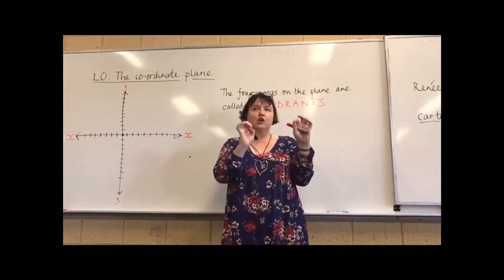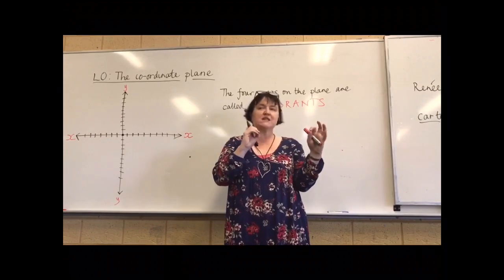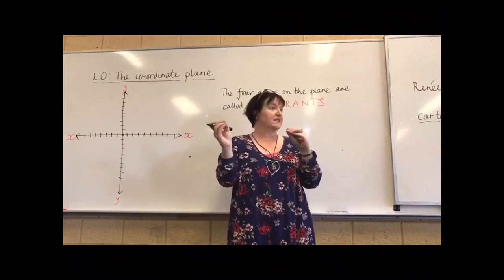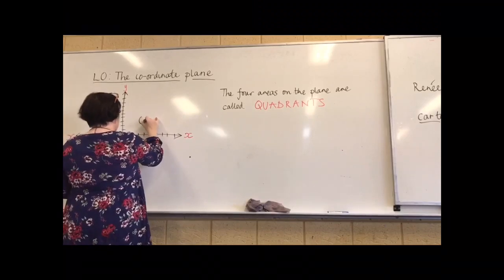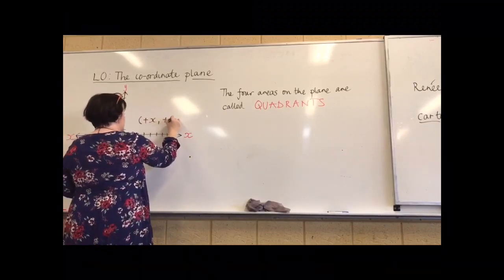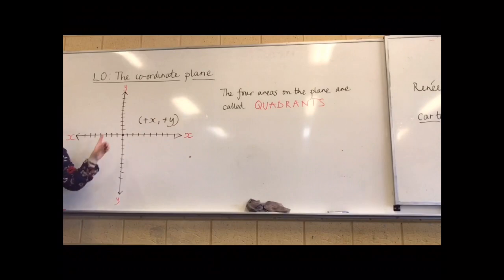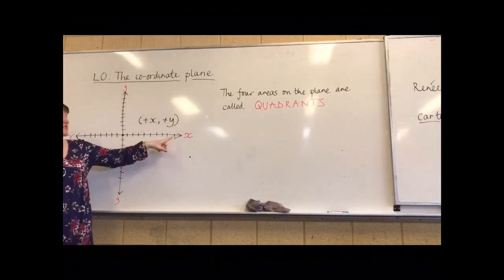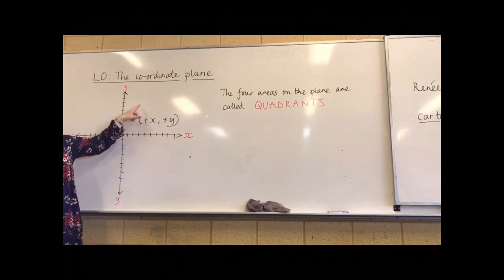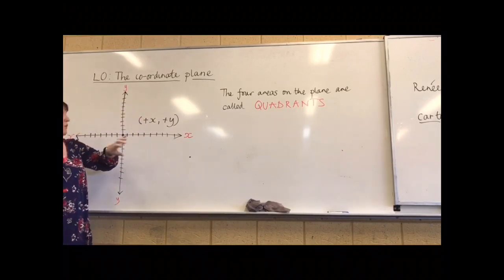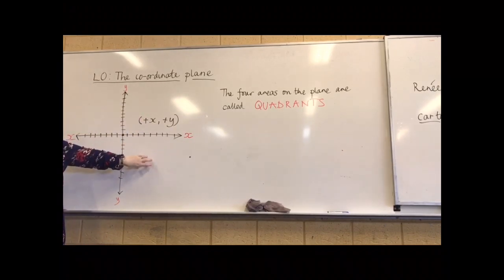Now, just as was said, each quadrant has a different positive or negative. So this quadrant here would be positive X and positive Y, wouldn't it? Because you'd go across positive and up positive, okay? What about this quadrant here?